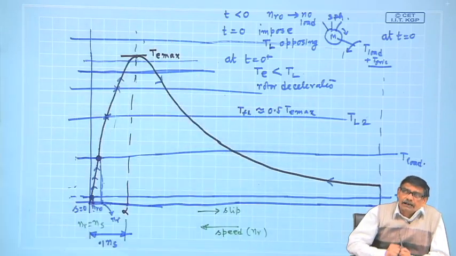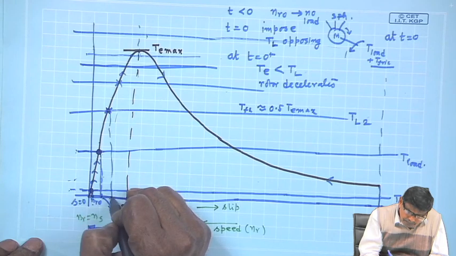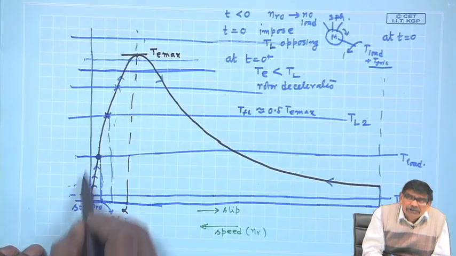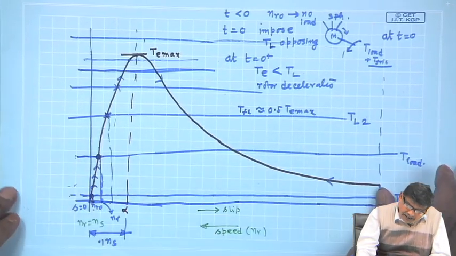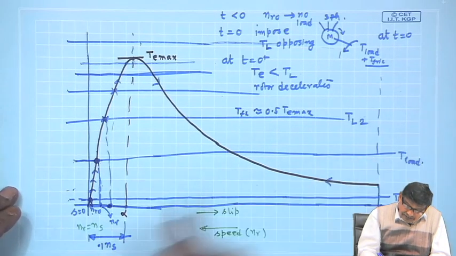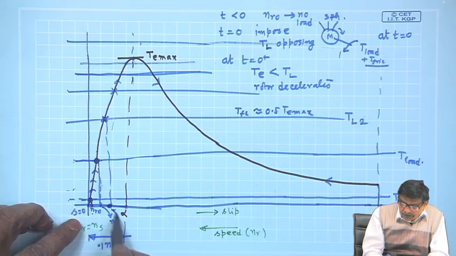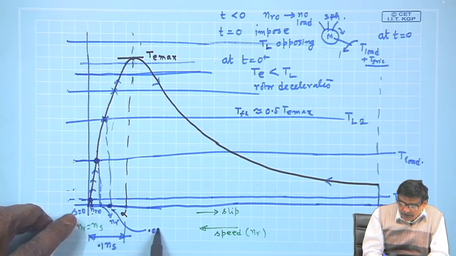at about 50% of say T max, such that the full load speed, since this zone is almost linear, will be about, I mean the slip value will also be about, this is 0.1, so this will be 0.05 say.